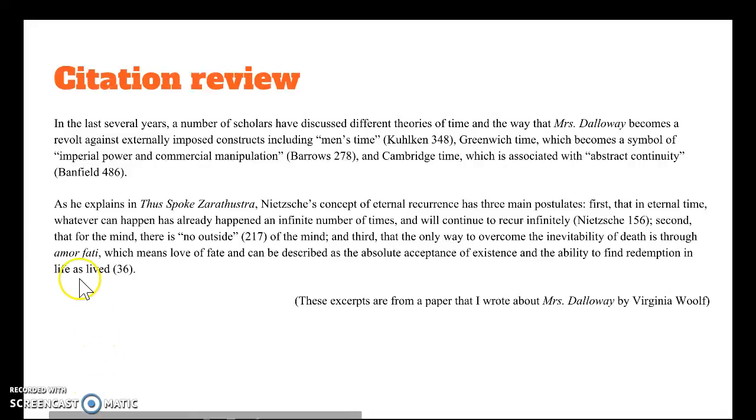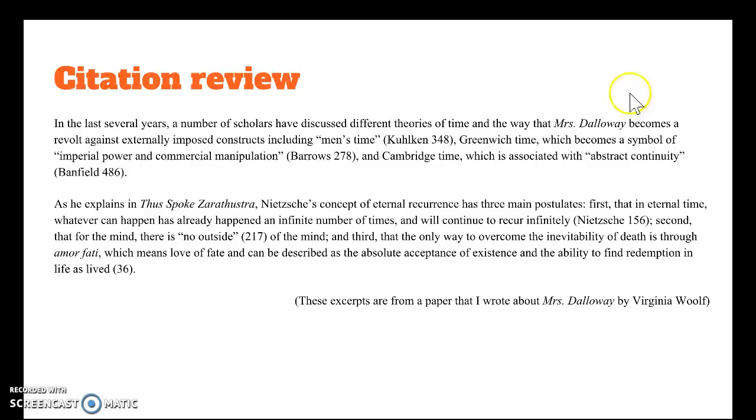So both of these paragraphs are from a paper that I wrote a couple of years ago about a book called Mrs. Dalloway by Virginia Woolf. I'll go ahead and read this first sentence to you.